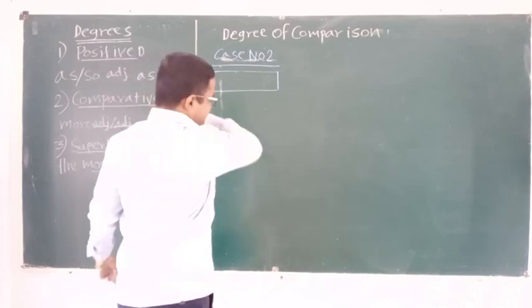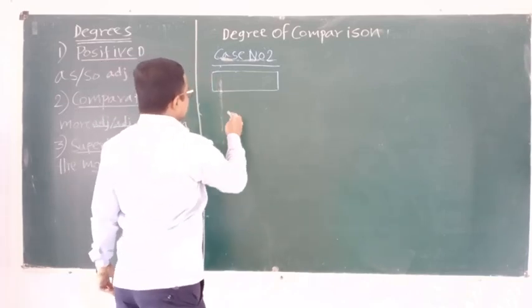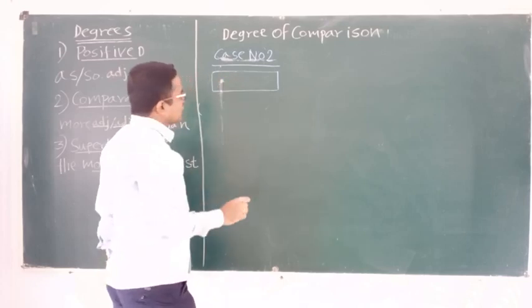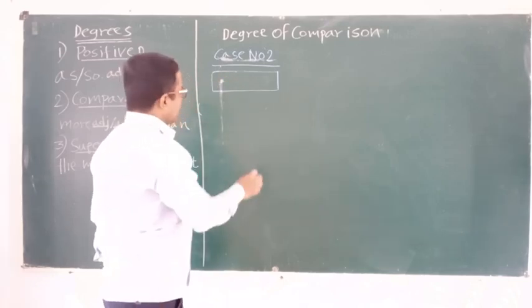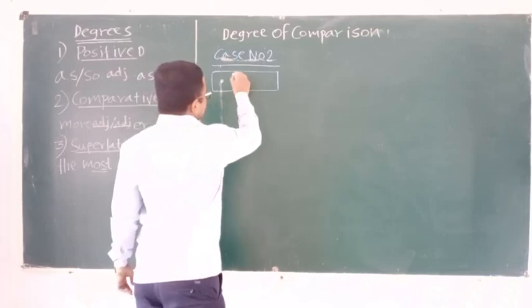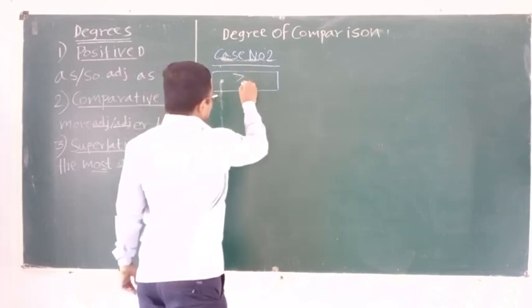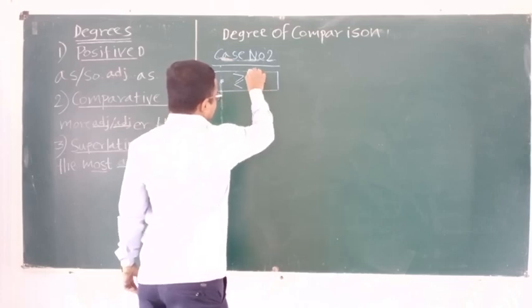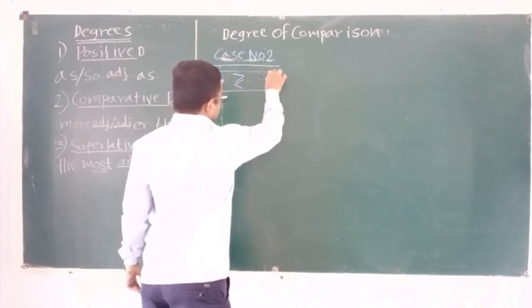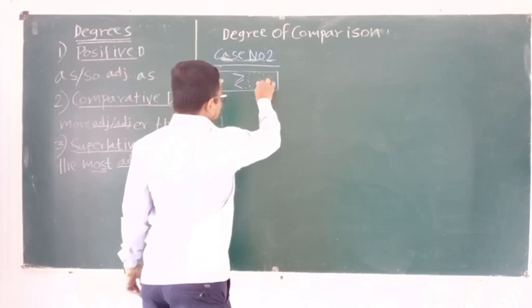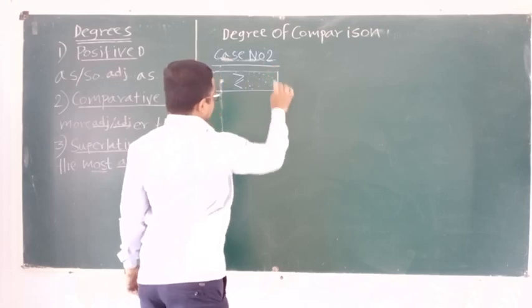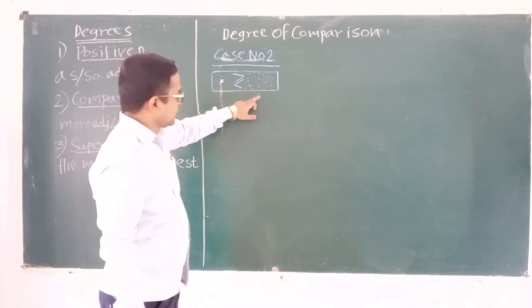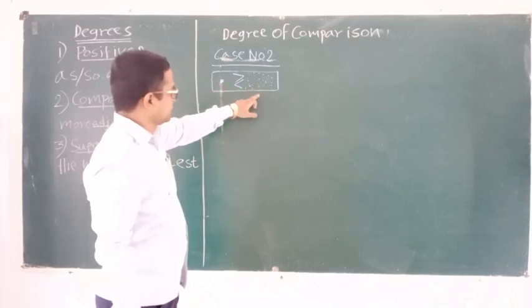So here in the second case, this is the one object greater than, less than, all other. So this object is different from others.